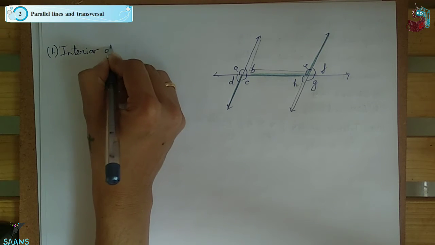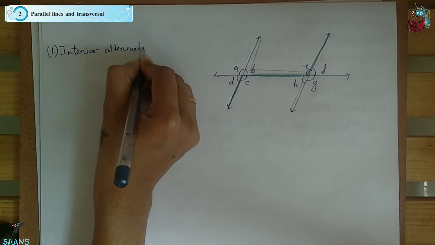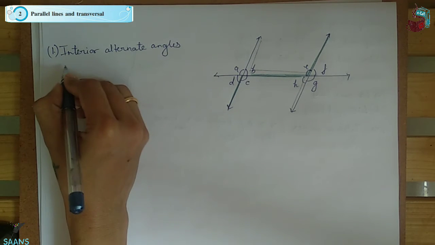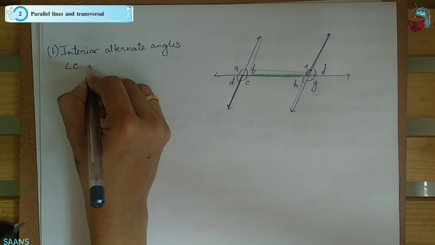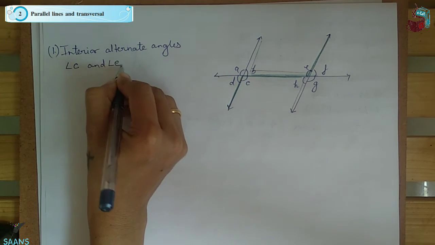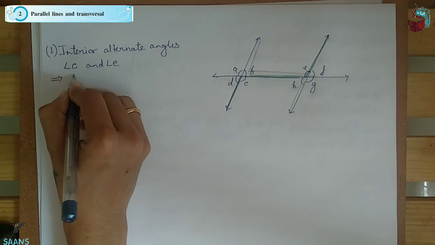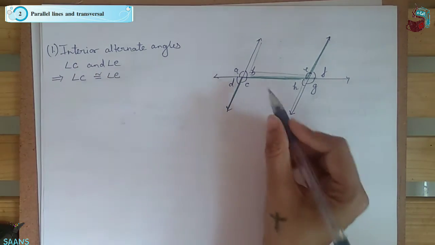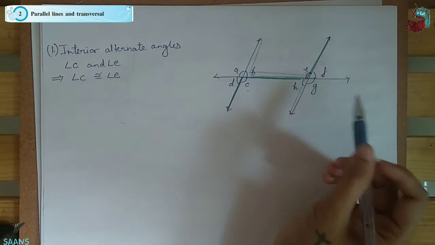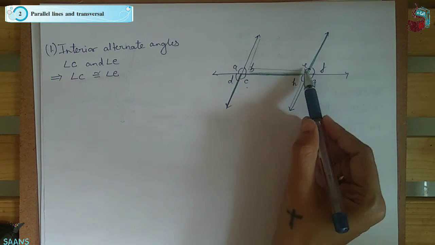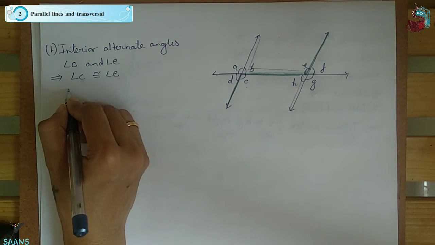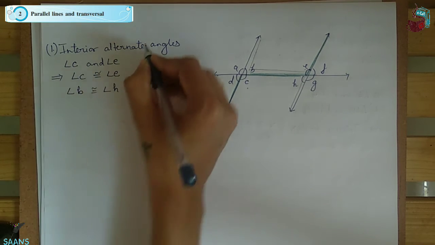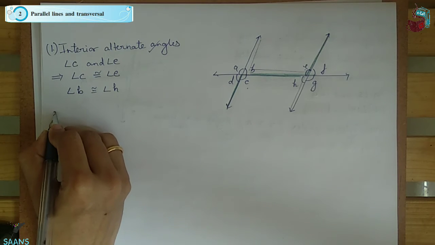Interior alternate angles, that is nothing but angle C and angle E. And if they ask for the property between them, angle C is congruent to angle E. C and E. The other Z is B and H. So angle B is congruent to angle H. So this is your interior alternate angles.